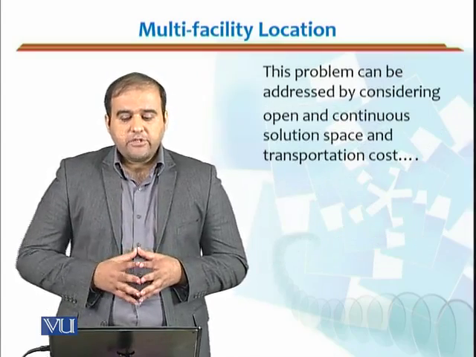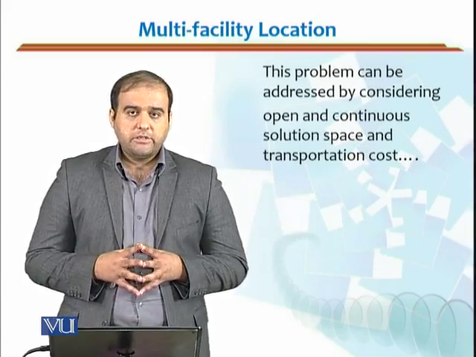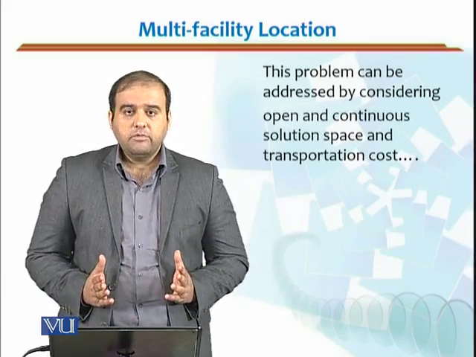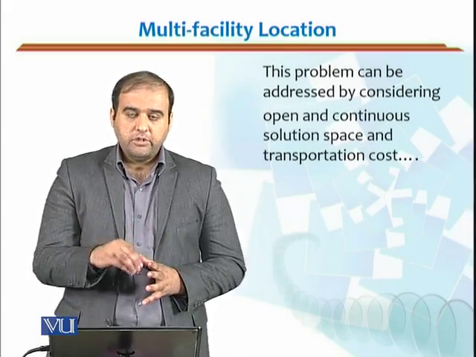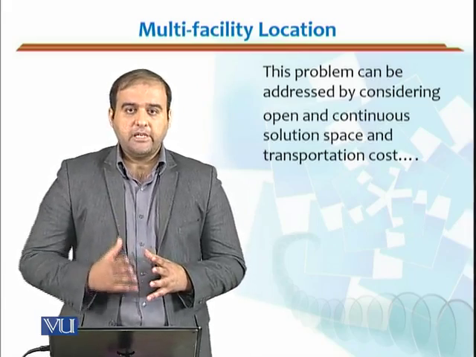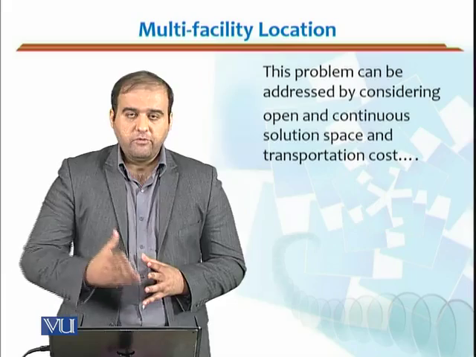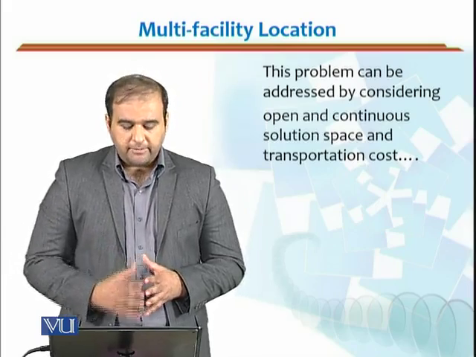The problem can be addressed by considering open and continuous solution space and transportation cost. You have to assume the continuous solution space in which your optimal solution is present, rather than taking it just as a flow from one department to the other, or from one facility to the other facility.